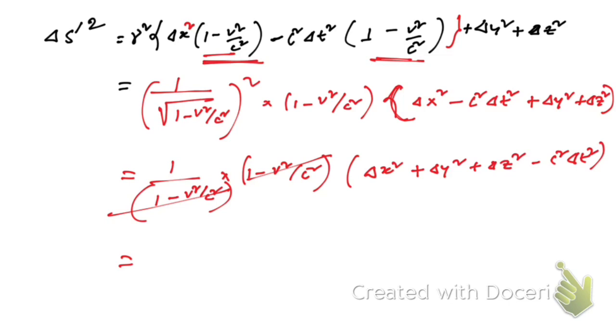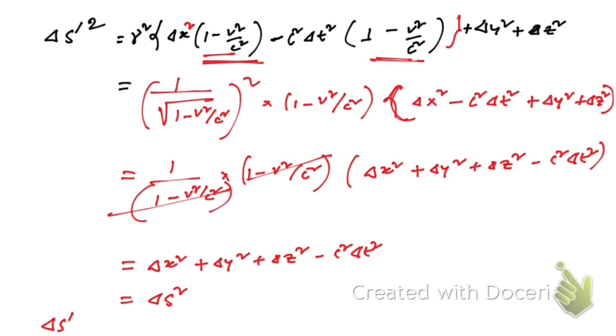And so now you see, let me copy this. So here is the result, and this is nothing but del s square. This is nothing but del s square, right? So here we have got that del s dash square is equal to del s square.